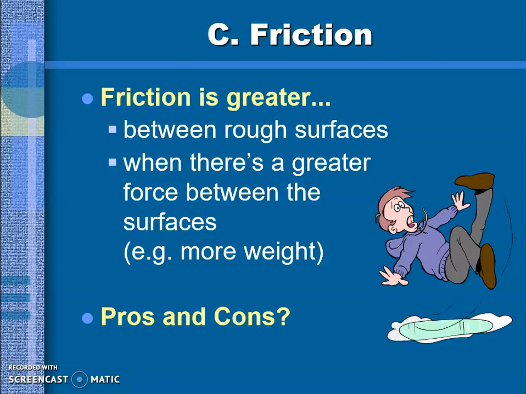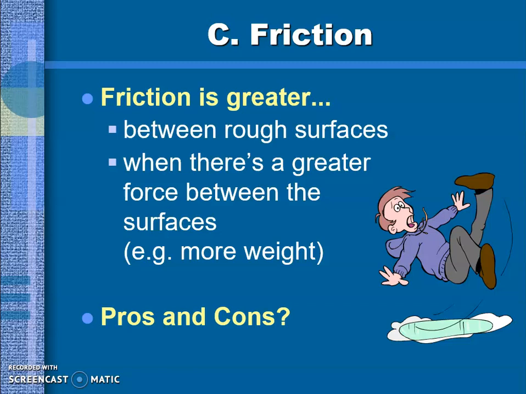Think about some ways that we use this idea to our advantage. If you've ever worked in a restaurant of any kind, fast food or full service, you know you need special shoes because floors are greasy. You need special shoes to increase friction. We use that to our advantage. Think about ice skating or playing hockey.